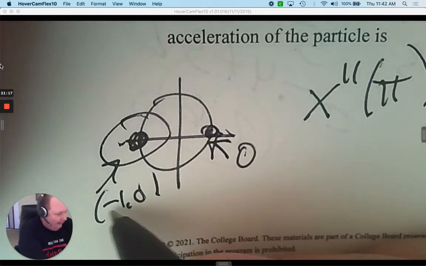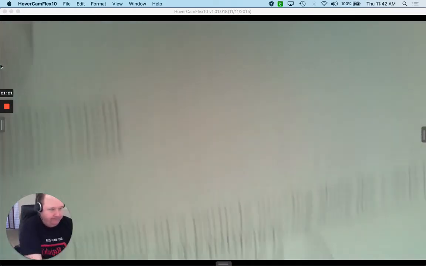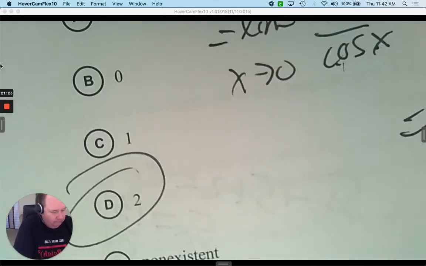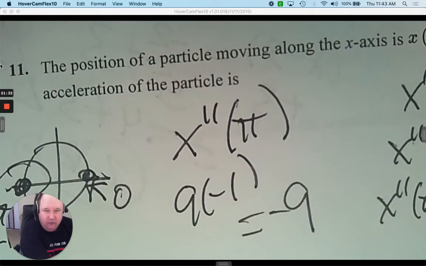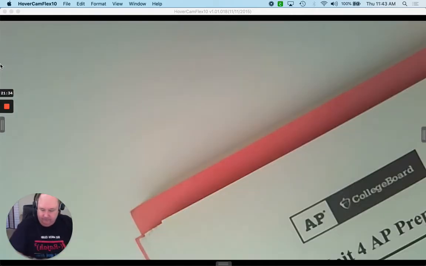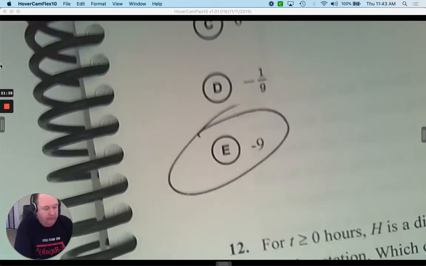So the x coordinate there is negative 1. So ultimately I'm going 9 times negative 1. My answer is negative 9, if you know your unit circle. So that answer is E.